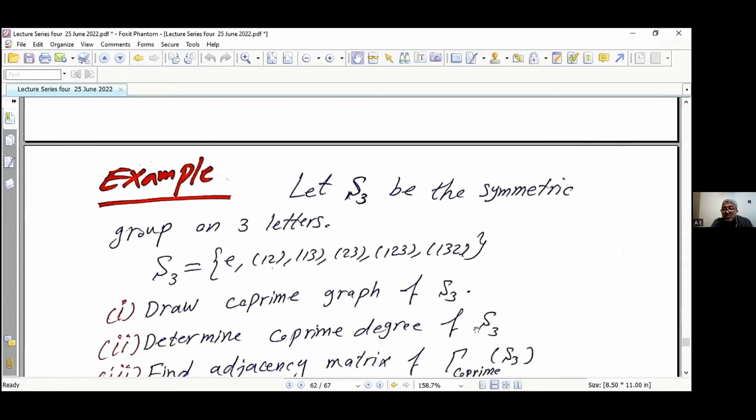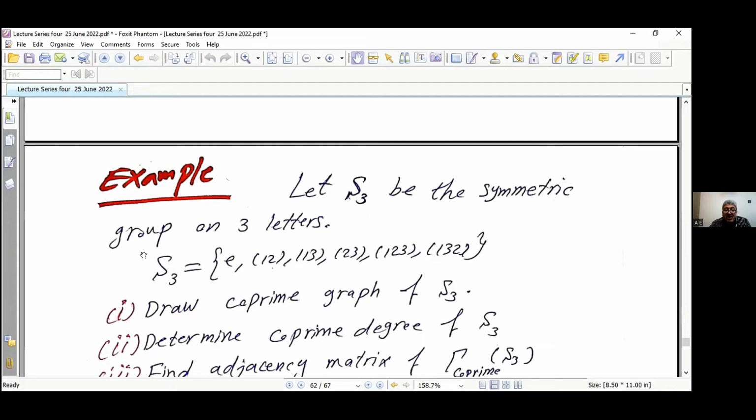You know, in project number 6 I mentioned non-coprime, but here it is coprime. It means that 2 vertices are adjacent if their orders are coprime. So suppose that S3 is the symmetric group of order 6. So we have 6 vertices here.